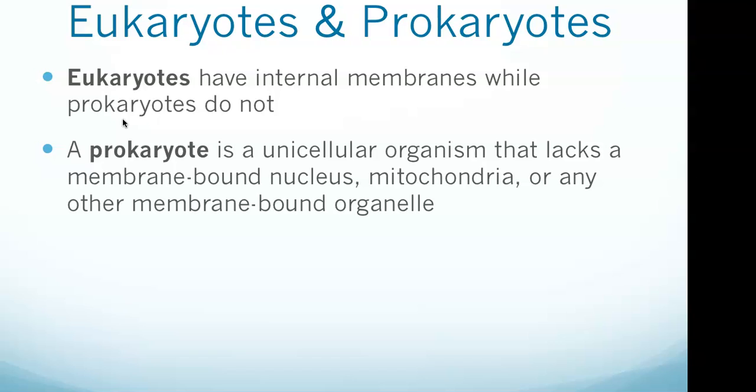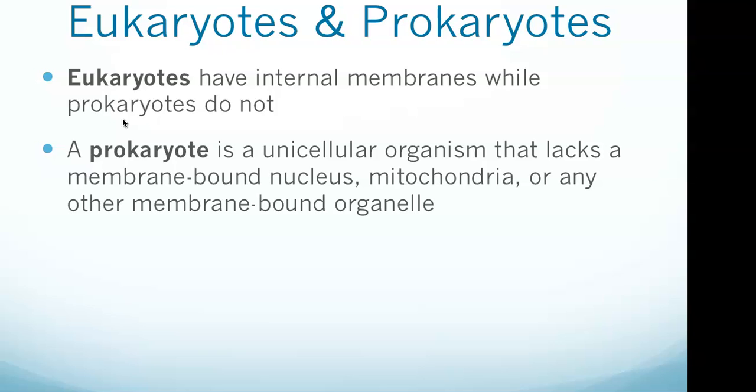Okay, so we'll jump right into it at the very beginning with eukaryotes and prokaryotes. Eukaryotes have internal membranes while prokaryotes do not. Eukaryotes can be unicellular or multicellular organisms. A eukaryote is any organism whose cells have a cell nucleus and other organelles enclosed within membranes.